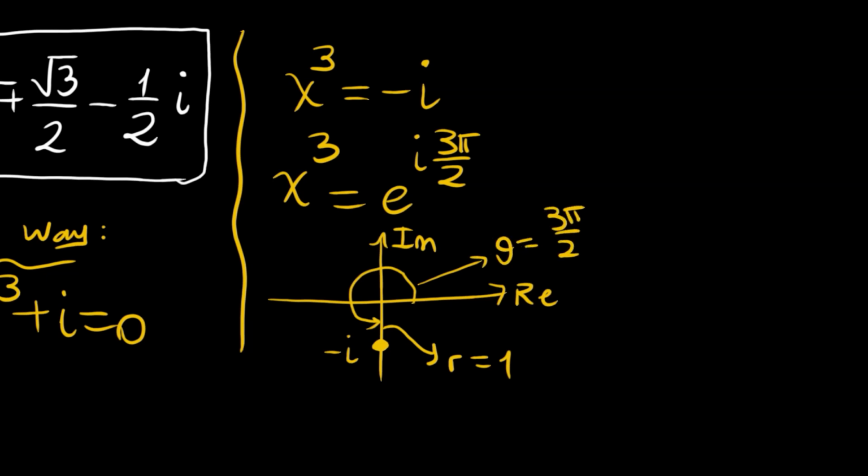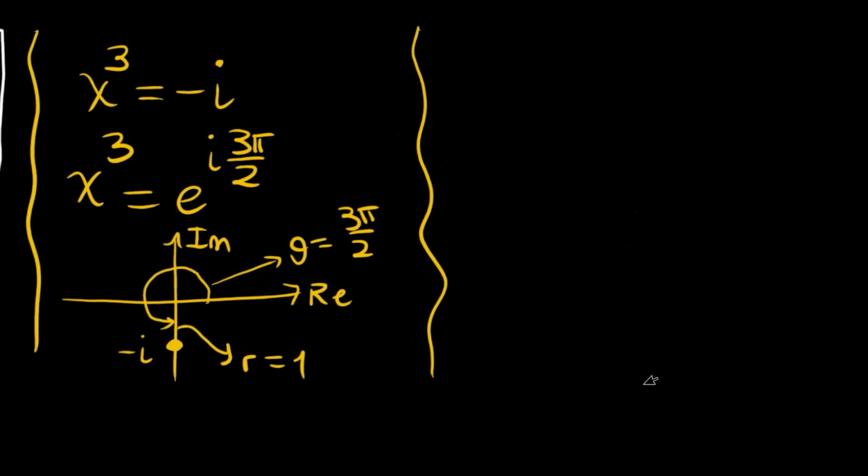So we have negative i is equal to e to the power of i times 3 pi over 2. Now we can write our roots. x1 is equal to e to the power of the 1/3 of this, which becomes pi over 2, and this is just i.